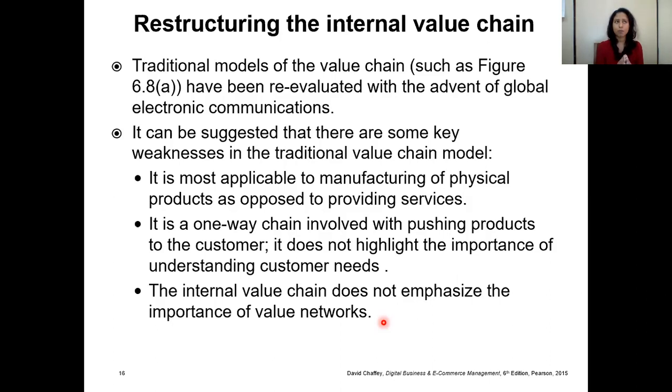For example, if we take a company like Microsoft, they have their own internal value chain, but they are also part of a larger value network which comprises multiple partners, which have their own individual value chains.